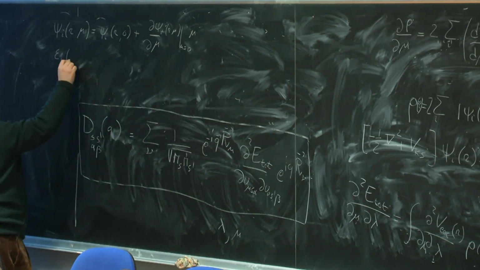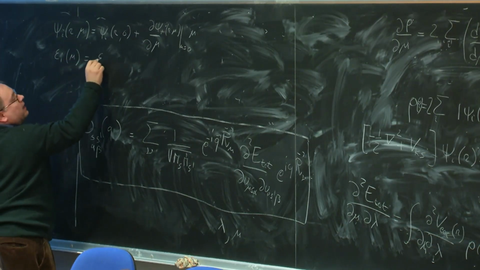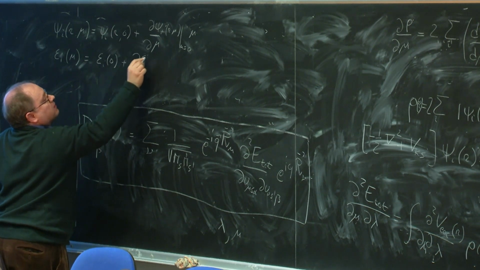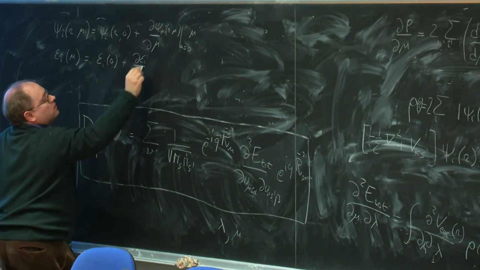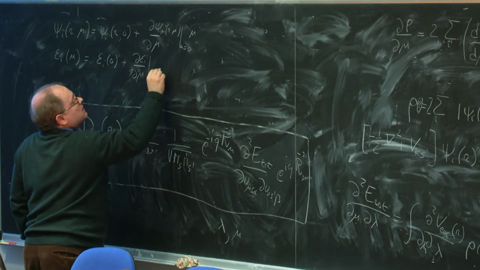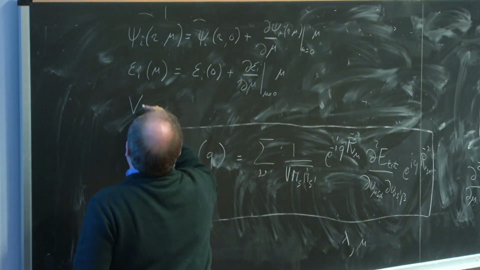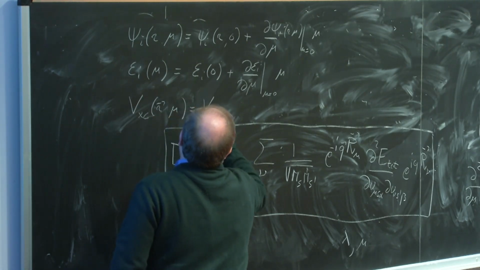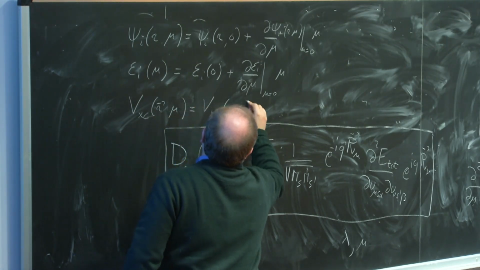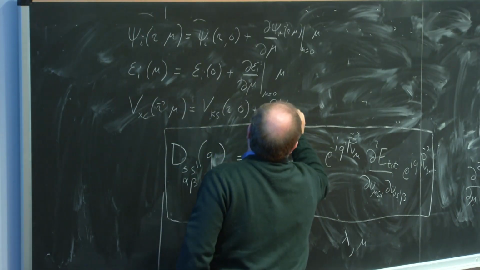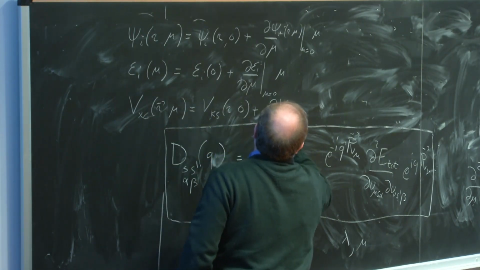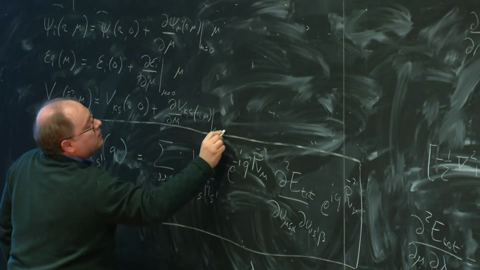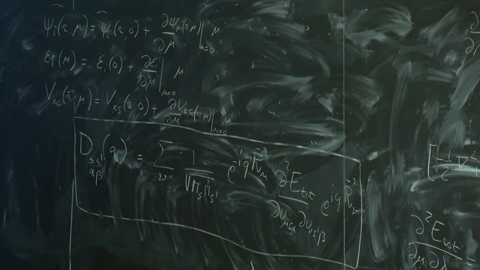Epsilon i that depends on mu will be epsilon i of 0 plus the derivative of epsilon i with respect to mu, calculated for mu equals 0, multiplied by mu. And V Kohn-Sham of r and mu will be V Kohn-Sham of r and 0 plus the derivative of V Kohn-Sham with respect to mu calculated at mu equals 0 multiplied by mu.